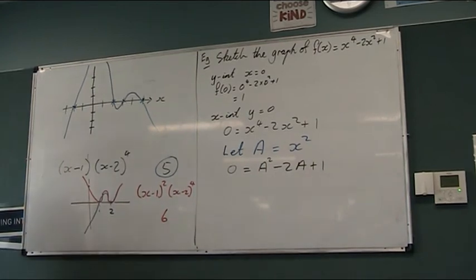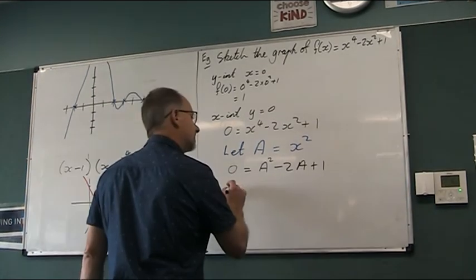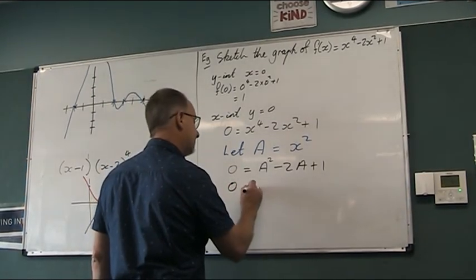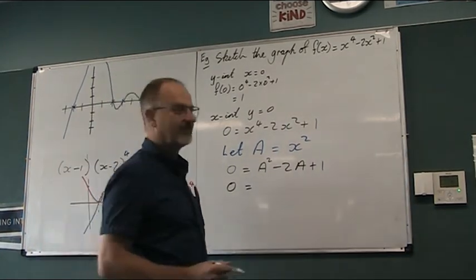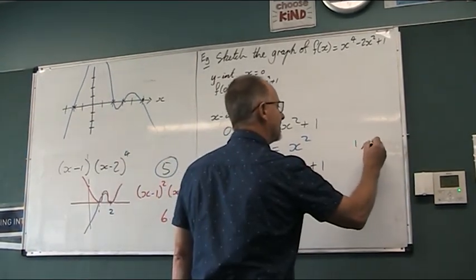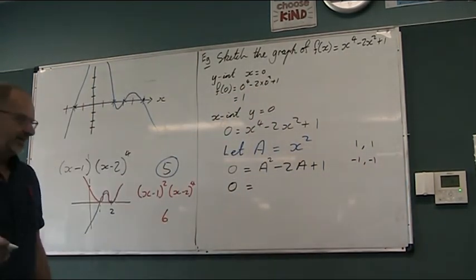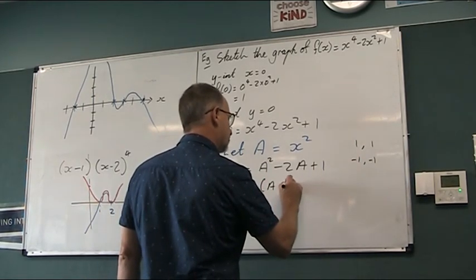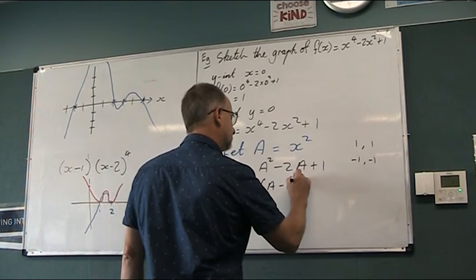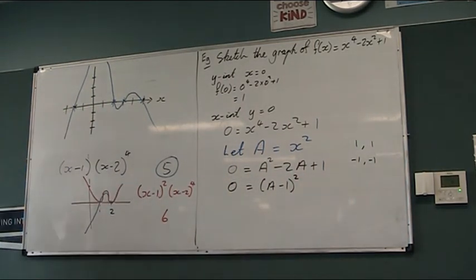So that does look like a quadratic. Two numbers that multiply to give us 1 and add to give us negative 2? It can only be negative 1 and negative 1. So we've got a minus 1, squared, haven't we?